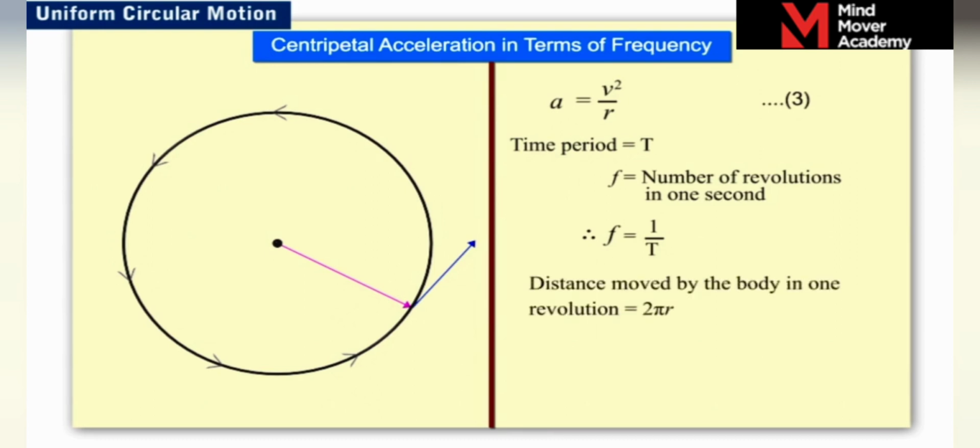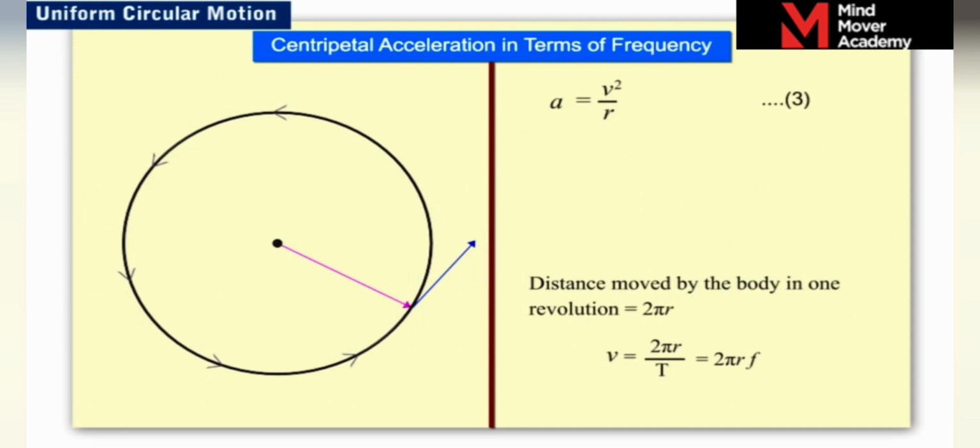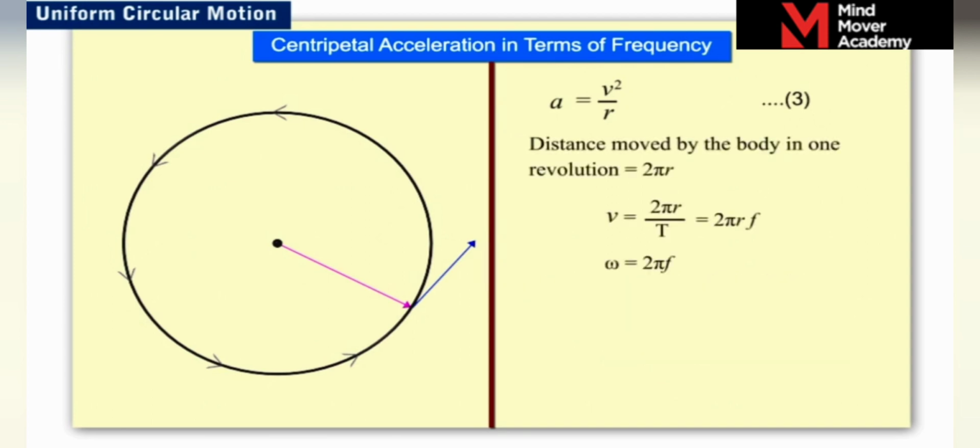Distance moved by the body in one revolution is equal to 2 pi r. v is equal to 2 pi r by t. On substitution, we get v is equal to 2 pi r f. Omega is equal to 2 pi f. Substituting the values in equation 3, we get a c is equal to 4 pi square f square into r.